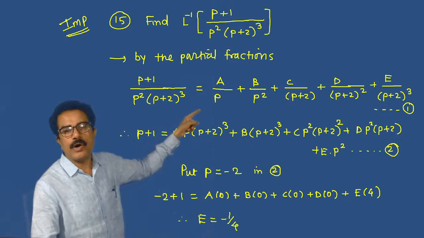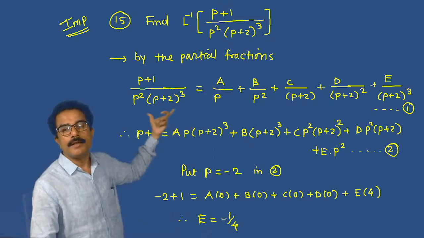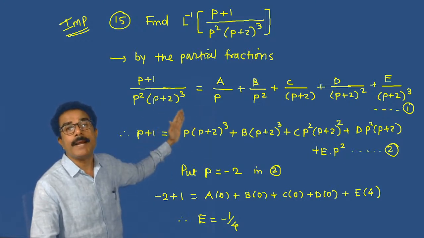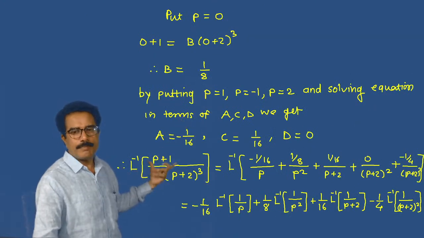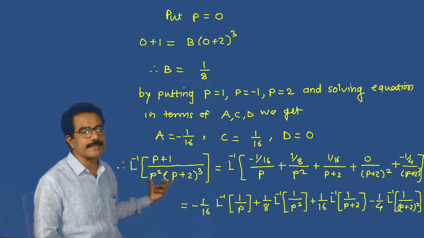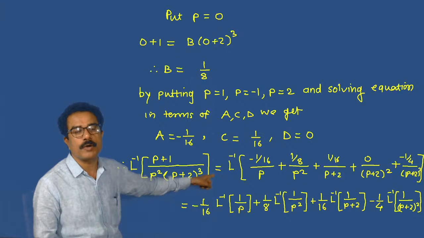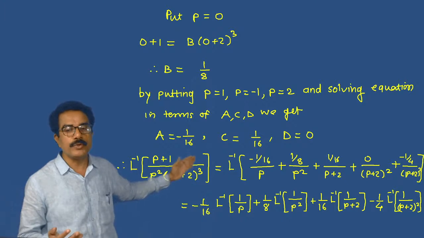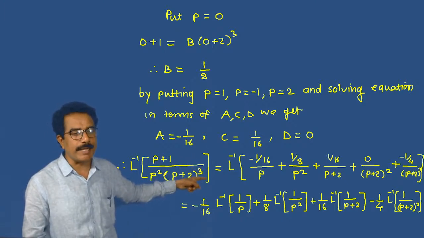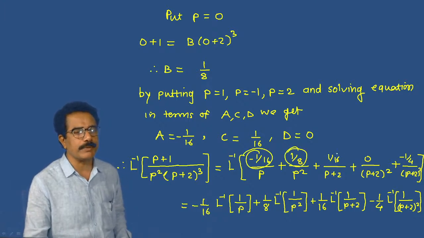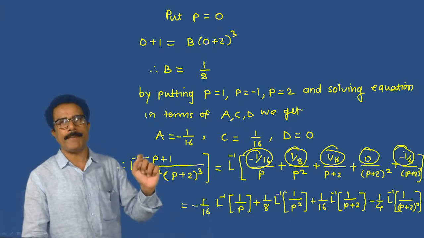So put all these values in equation 1 and calculate its inverse Laplace transformation by taking the partial fraction. The inverse Laplace transform of the left side is equal to the inverse Laplace transform of the right side, and here the right side is in partial fraction form, and in its numerator we put A equal to minus 1 by 16, B equal to 1 by 8, C equal to 1 by 16, D equal to 0, and E equal to minus 1 by 4.